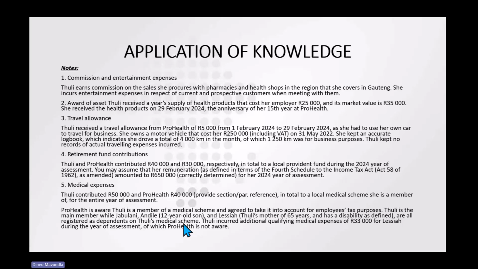So the 40,000 rand contribution that is made by the employer on her behalf would be treated as a fringe benefit, and that is in terms of paragraph... Hold on, I'm going to give you the correct paragraph.